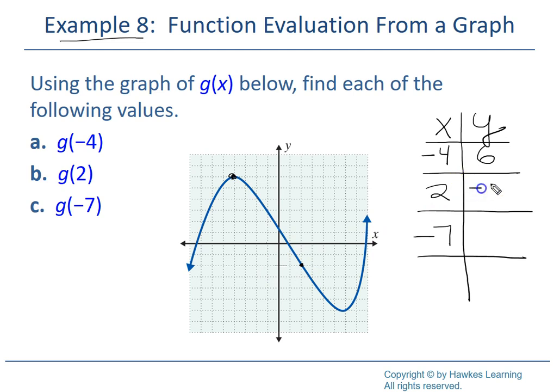Y is going to be a -2. How about if x is a -7? 1, 2, 3, 4, 5, 6, 7. We go up here. X is a -7, y is a 1. So not difficult if you have a strategy to do it.